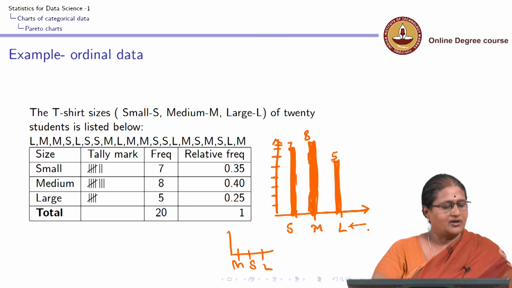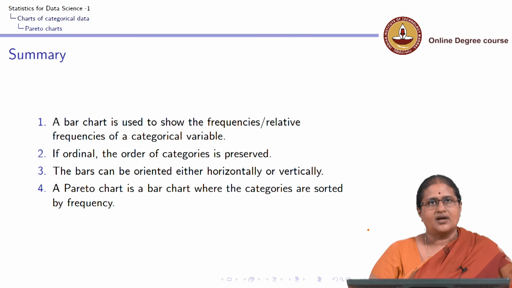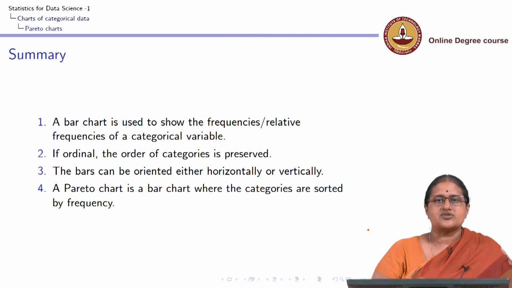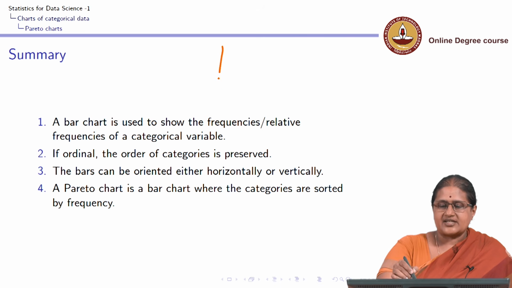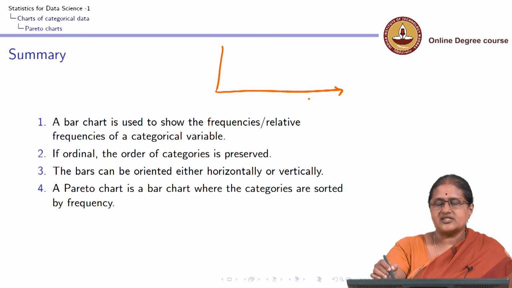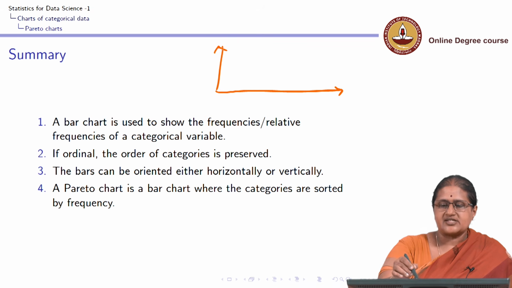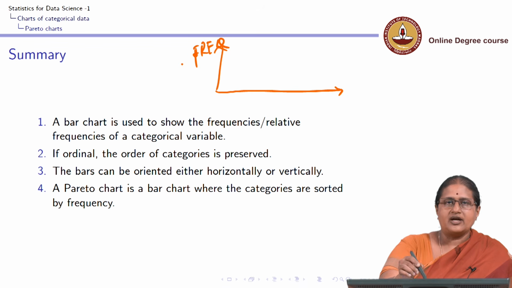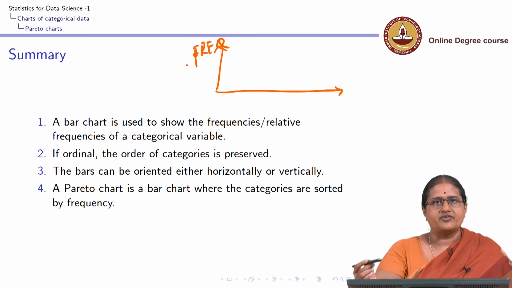So, in summary, we know a bar chart can be used for frequencies or relative frequency depending on what you want to convey. On the x axis, I have the categories, and on the y axis, I have the frequencies, which are the counts if I am plotting the count, or the relative frequency if I am looking at relative frequency.